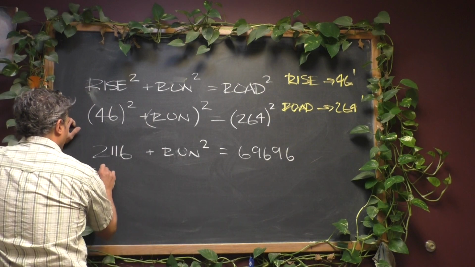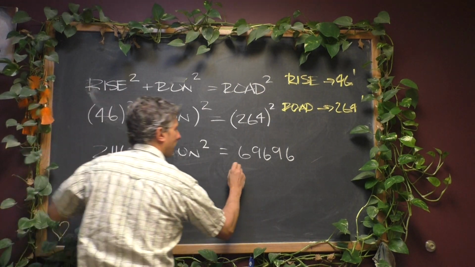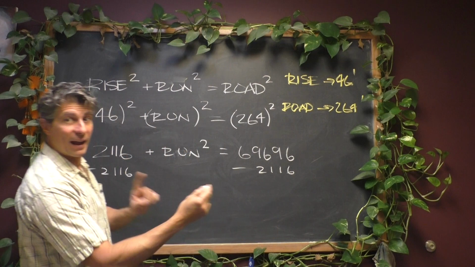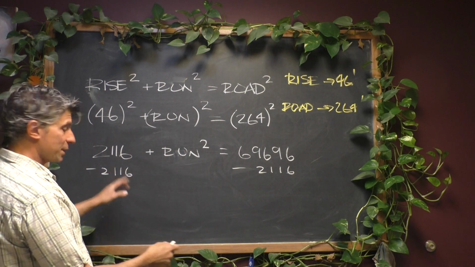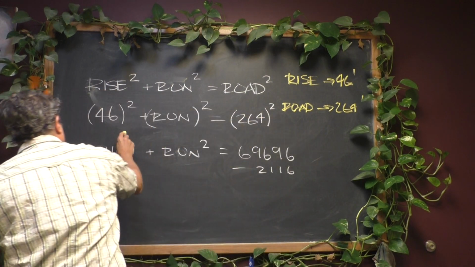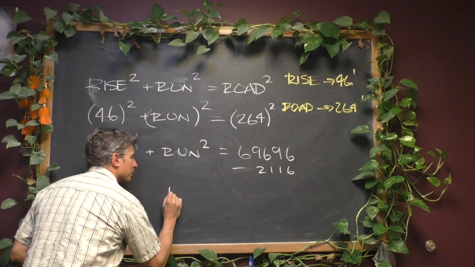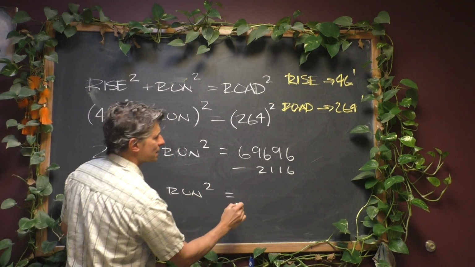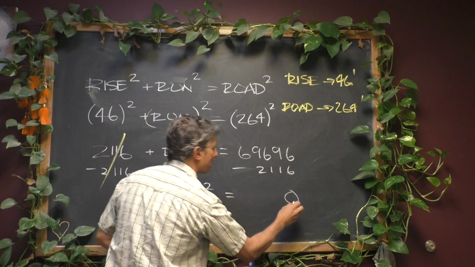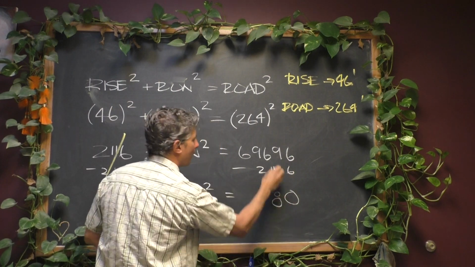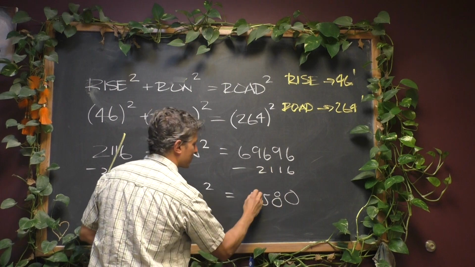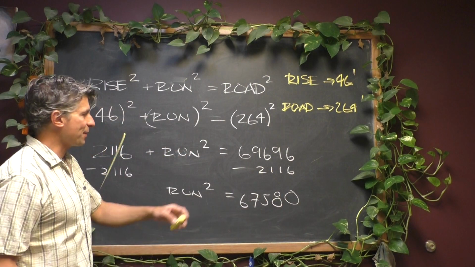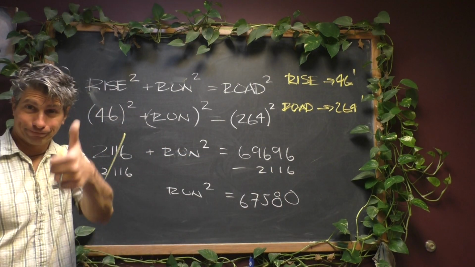You're going to subtract 2,116 from both sides of this equation. When you do that, that divides off, and you're left with just the run squared equals, so I can do this, 6 minus 6 is 0, 9 minus 1 is 8, 6 minus 1 is 5, 9 minus 2 is 7, 67,580.